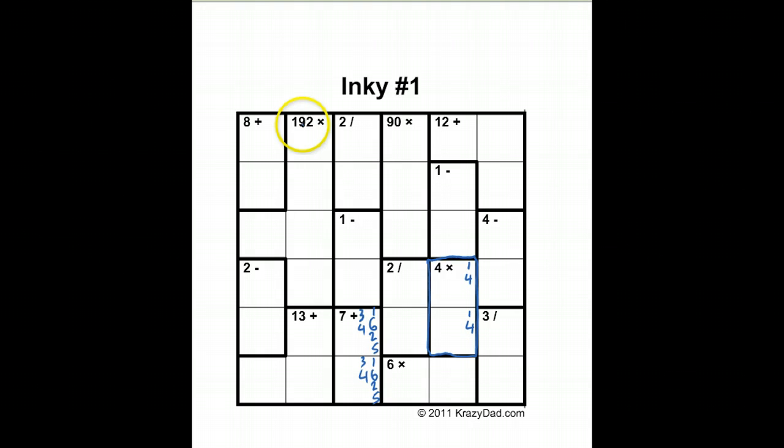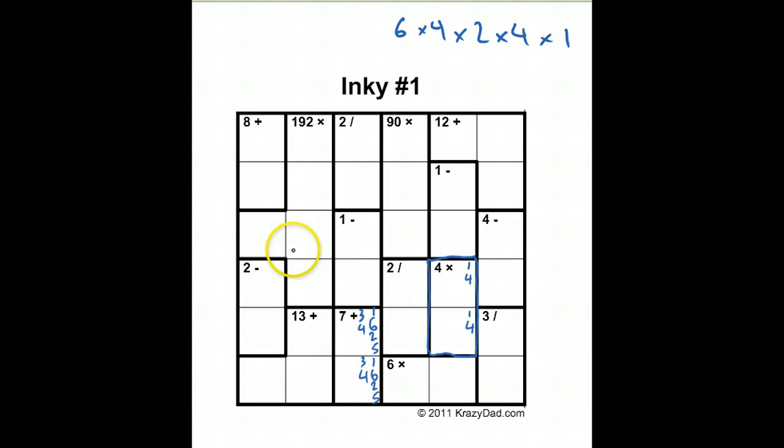Let's do the largest and the most awkward cage here, and that is the 192 cage. Well, how do I get 192? We can do this with a calculator or figure it out. There are two possibilities here. You can use 6 times 4 times 2 times 4 times 1.